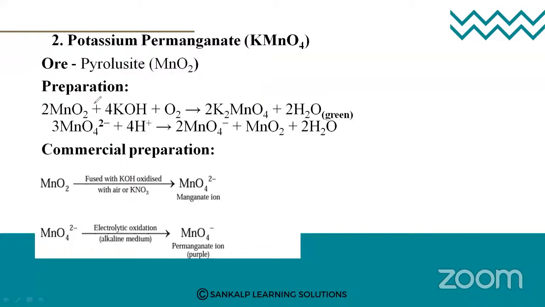Now I have a question. Can you tell me the oxidation state of Mn here, and here, and here? Can you tell me the oxidation state in all the cases?